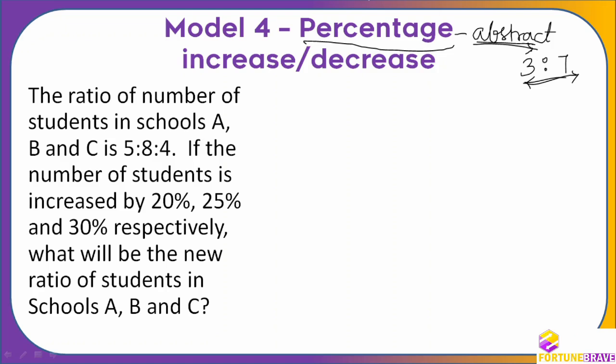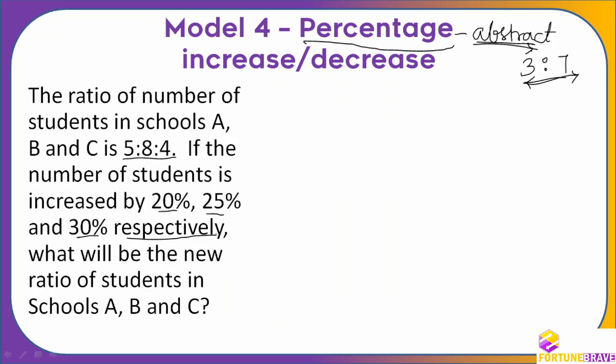Okay, let us see this question and solve some questions on the model that we are looking at, percentage increase or decrease. The ratio of the number of students in schools A, B and C is 5:8:4. If the number of students is increased by 20%, 25% and 30% respectively. This respectively doesn't mean with respect.